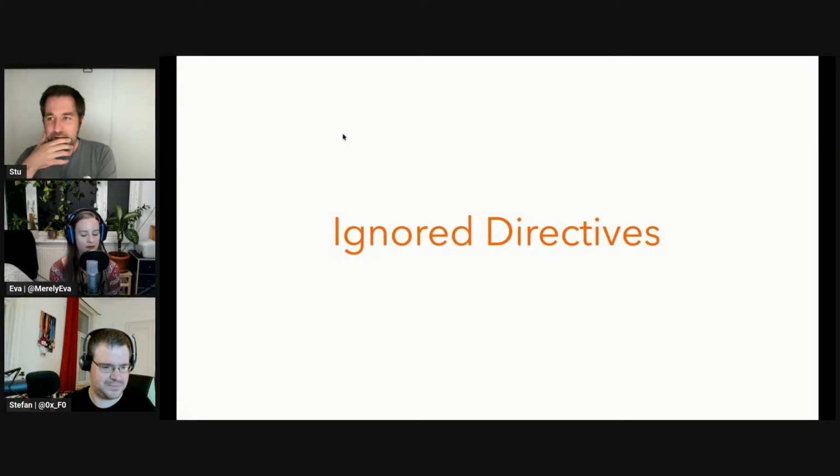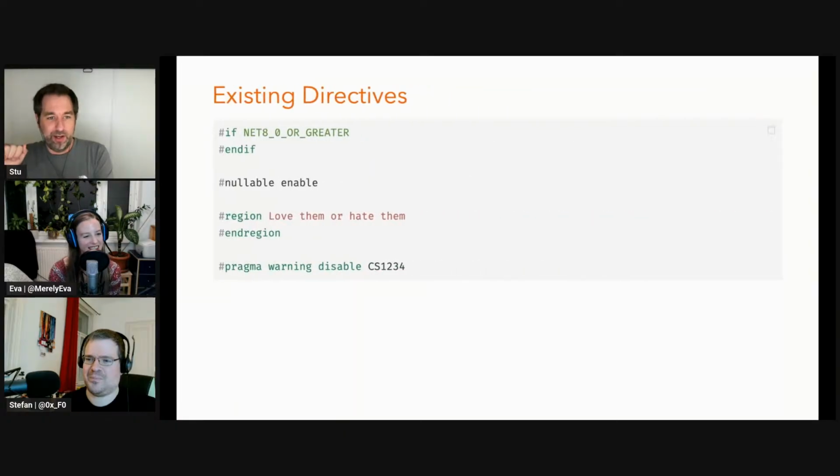That's that one. This one's probably my favorite feature, which is a little bit cryptic, but go with me here. The C# feature is called ignored directives. We already have directives in C#, and they kind of break out of C# in that they don't participate in the C# syntax.